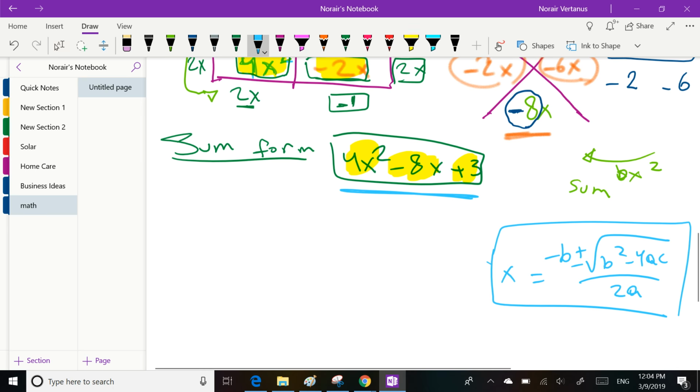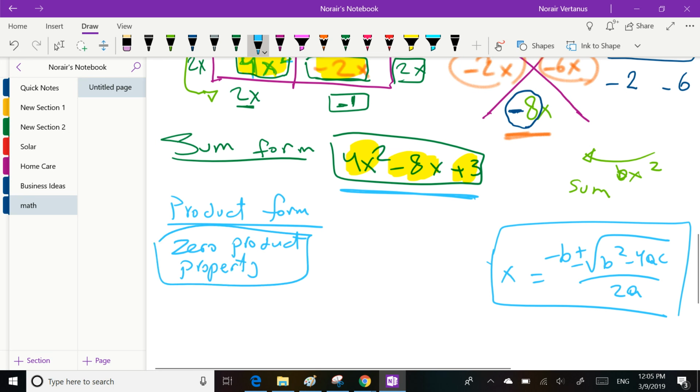But in this lesson, the purpose is to do product form and use the zero product property.